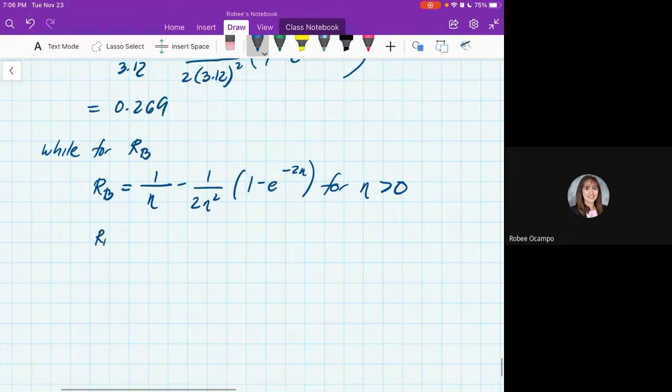And of course, RB is equal to 1 for nu is equal to 0.